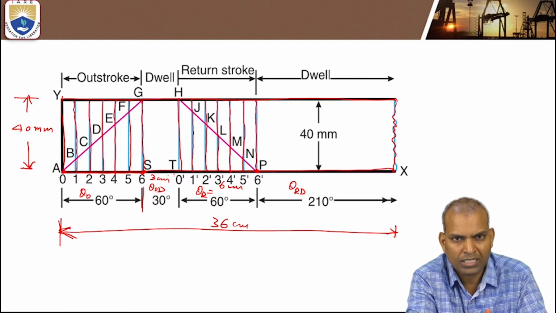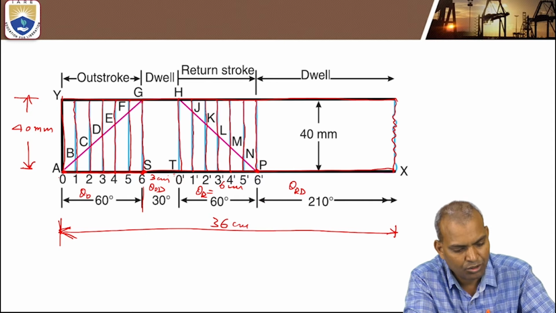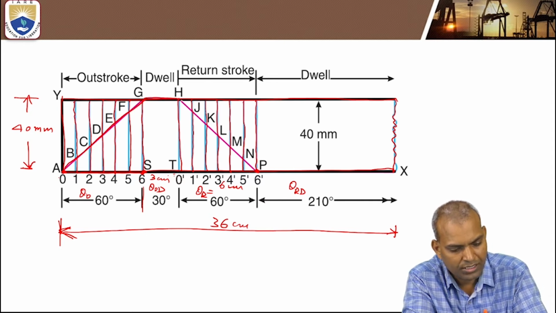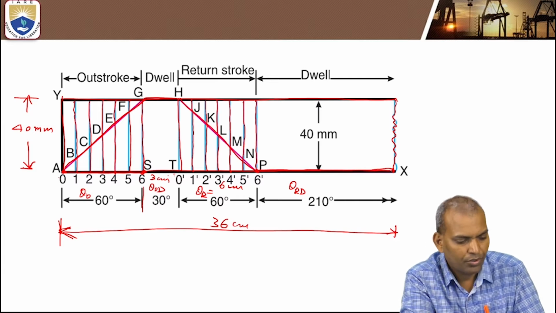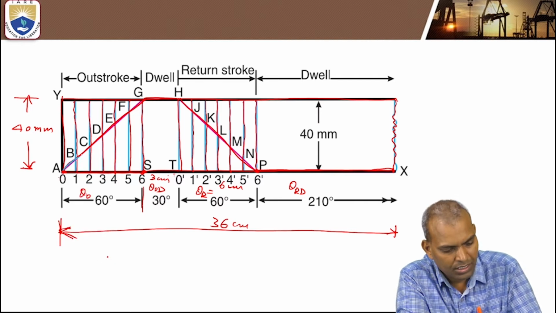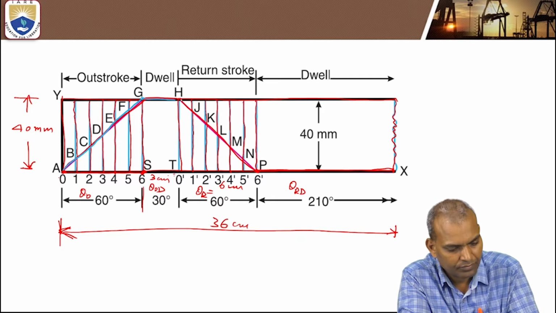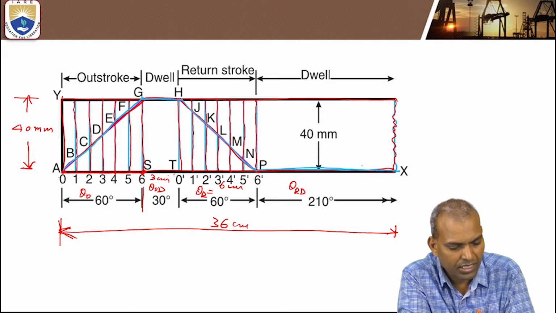The motion comes like a linear variation, that means it is a straight line. Join this curve. GH is the dwell. So that curve, AGHPX, this is the curve traced.